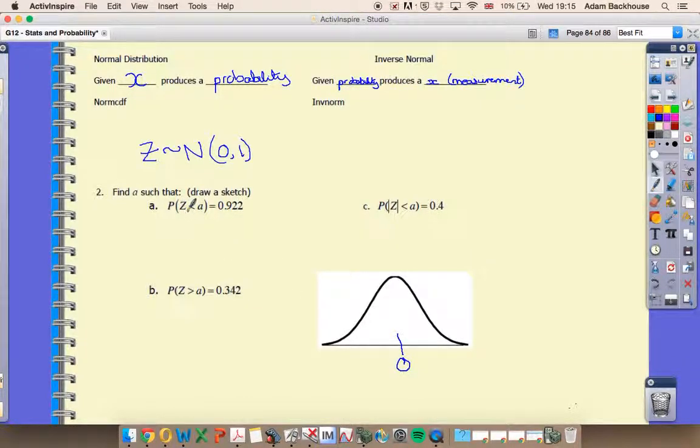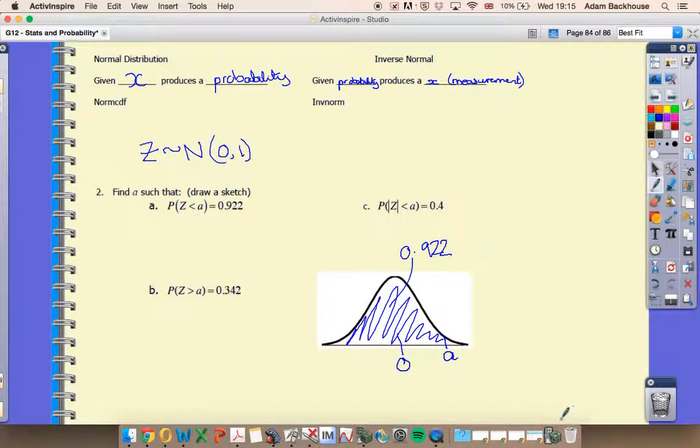We're looking at a probability that z is less than a is equal to 0.922. That's right the way up here. Remember, our probabilities add up to 1. So we're looking at a lot of the area under our curve anyway. And this is our value for a.